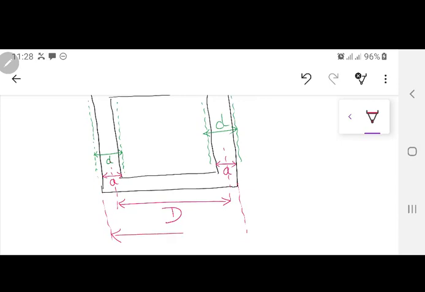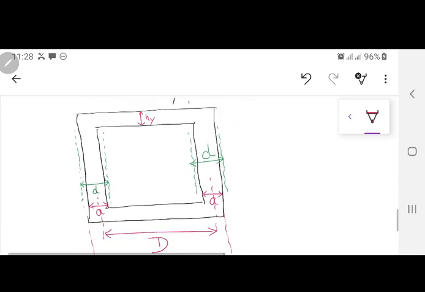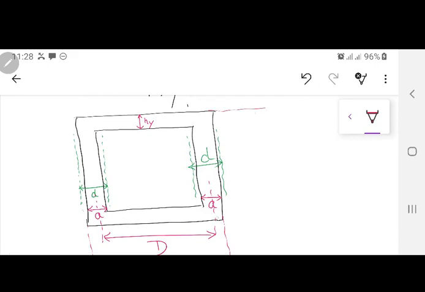This is the width of the transformer W, and when I am talking about the height of my transformer core, this is my height over here.